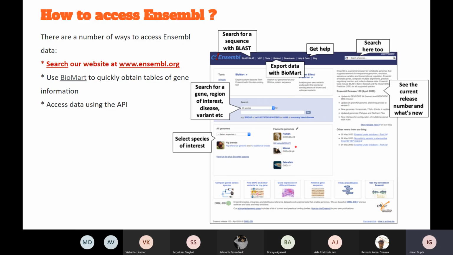So for example, on the page, you will have a main search bar where you can select a species, and you can search for a gene like BRCA2. You can search for a genomic locus. So here it is written 5, colon, 62797383 dash this.